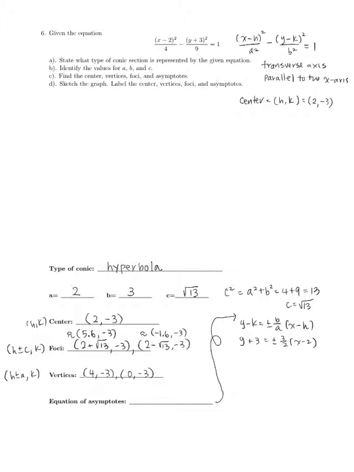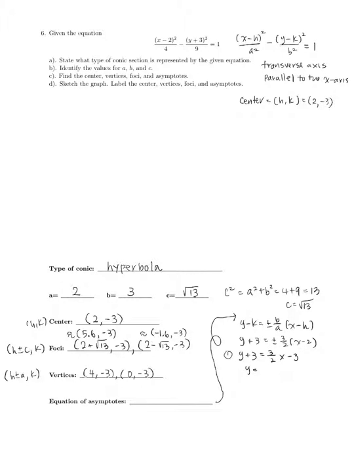Now let's simplify this to slope-intercept form, so it's easier to graph. Let me take the positive side of 3 halves, distribute that to (x minus 2) and simplify. We're going to have y plus 3 equals 3 over 2 x minus 3.